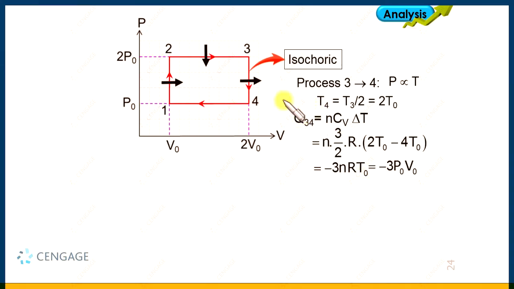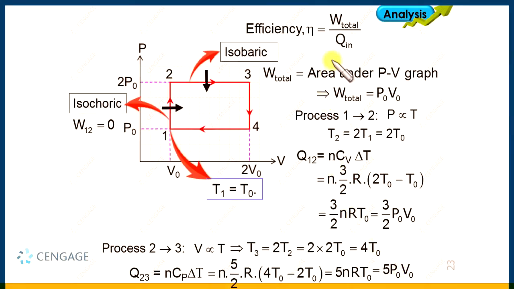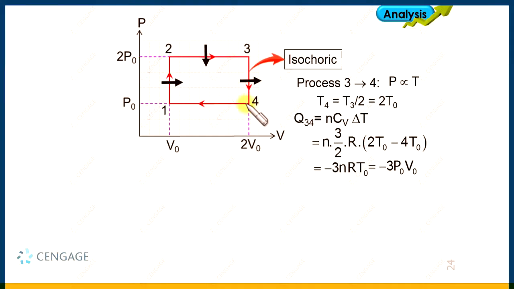So, we have analyzed the 3-4 process. Now, the last process is 4 to 1. We need not calculate work done here because we have calculated the overall work done, that is the area under the curve. Let us analyze whether heat will be absorbed or released. In process 2 to 3, it goes from left to right, and heat is absorbed.